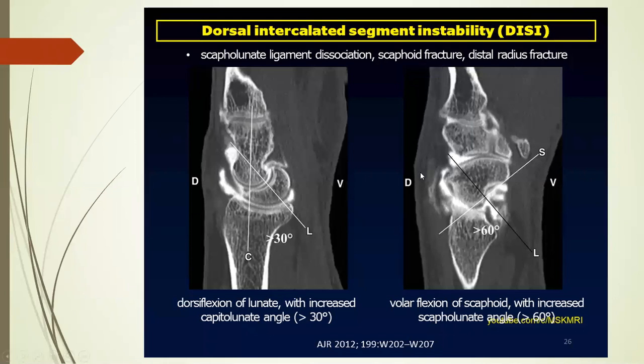And as I said, there will be abnormalities in the angles. Here, the capitolunate angle is more than 30, as the lunate is displaced. And also the scapholunate angle is more than 60.